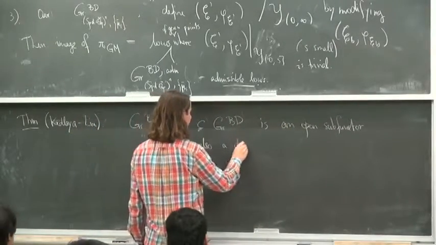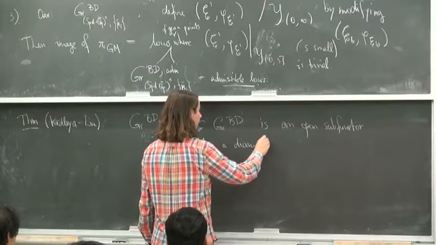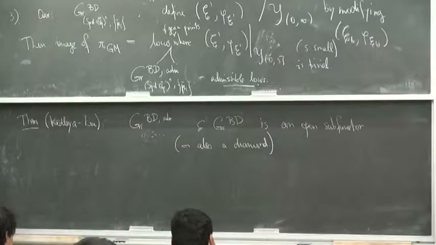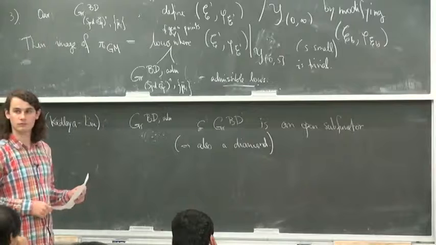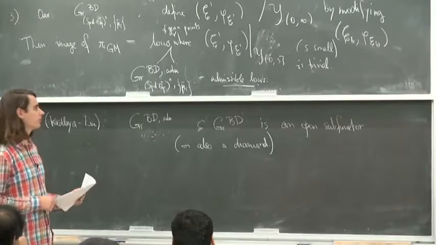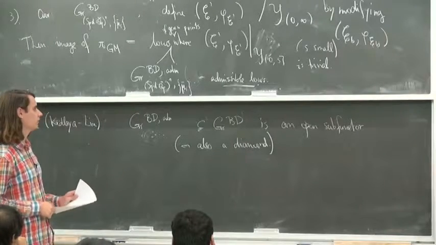And open subfunctors of diamonds are also diamonds. Is there also an analog of weakly admissible? I don't think so, no.